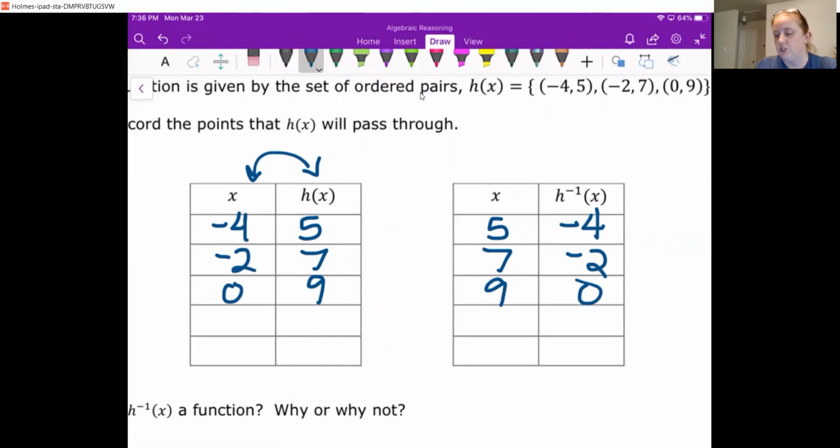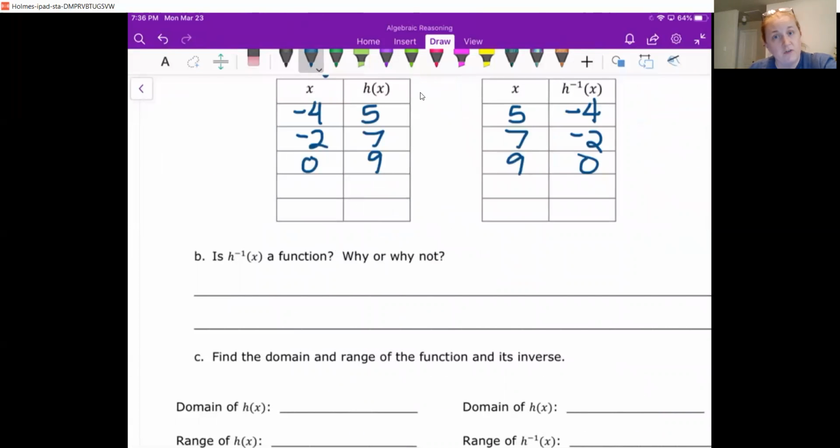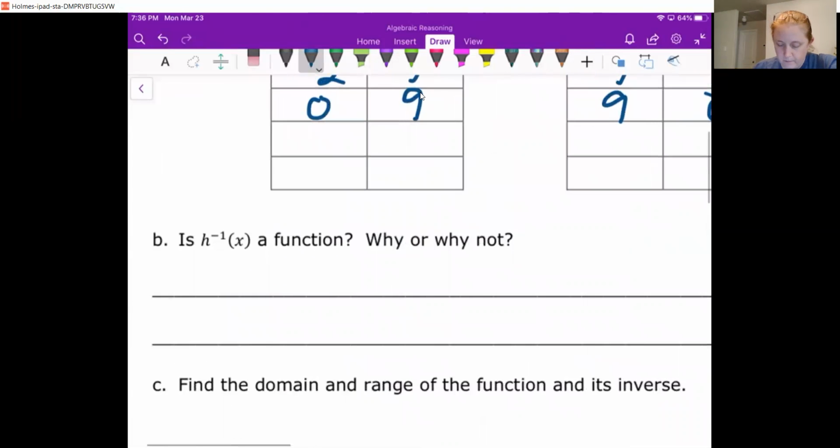So let's see, check your x's out, check those new x values. 5, a 7, and a 9, they do not repeat, which tells us we do have a function. So is h inverse of x a function? Yes, it is. That is a big old yes.